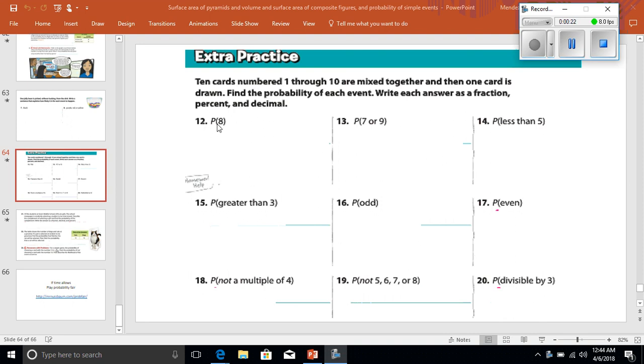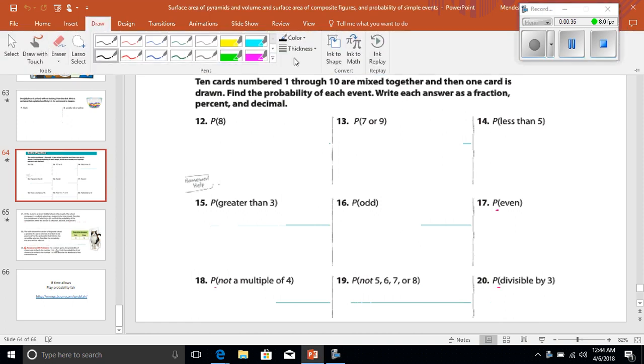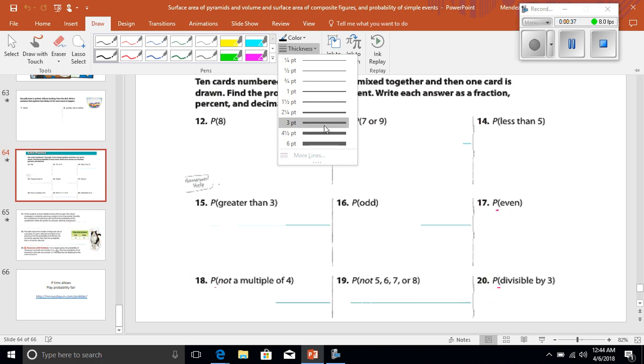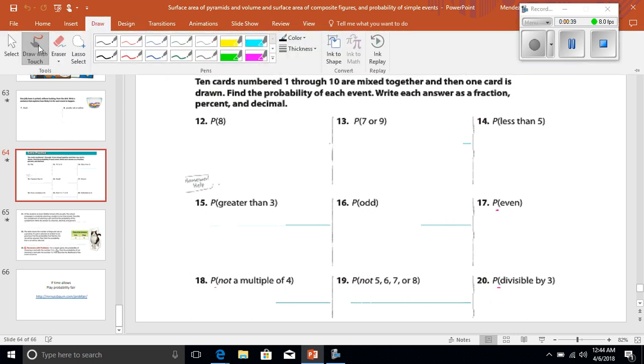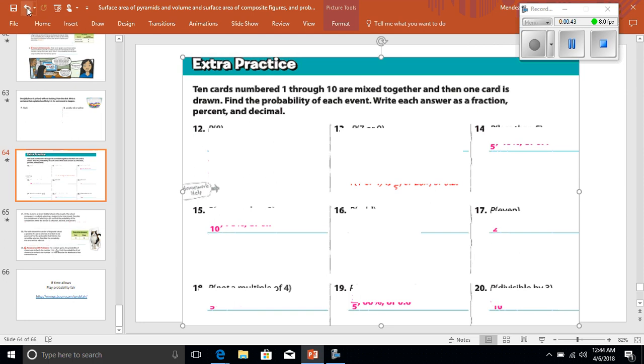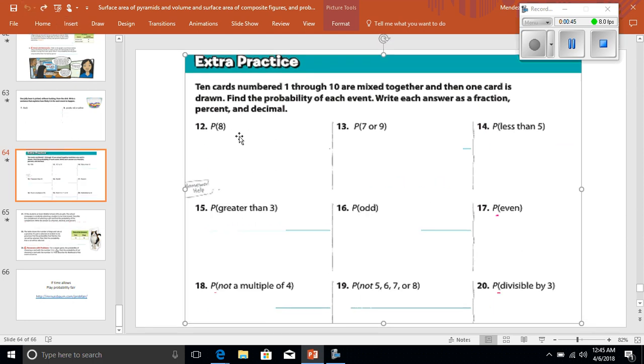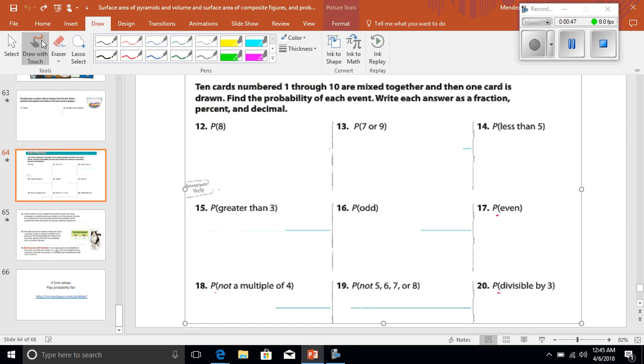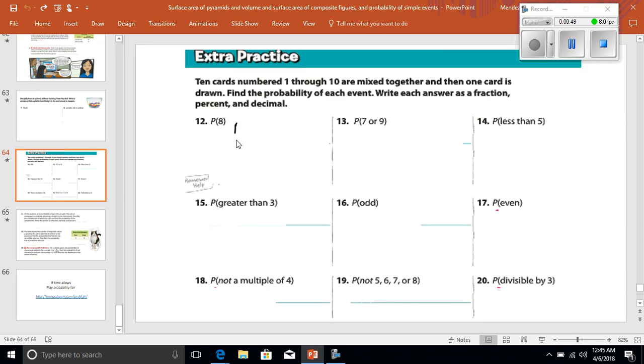Number 12 says the card is 8. Well, if we have 10 cards and the card we're drawing is 8, then we must realize that we have one card out of 10. So one out of 10 will be our fraction.